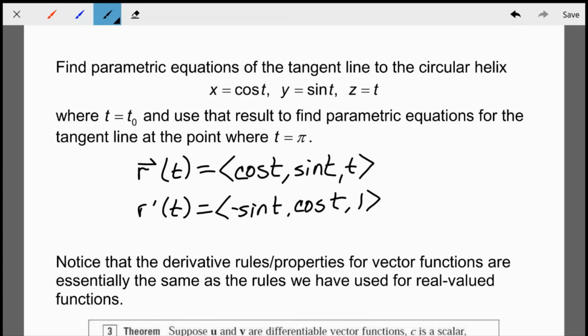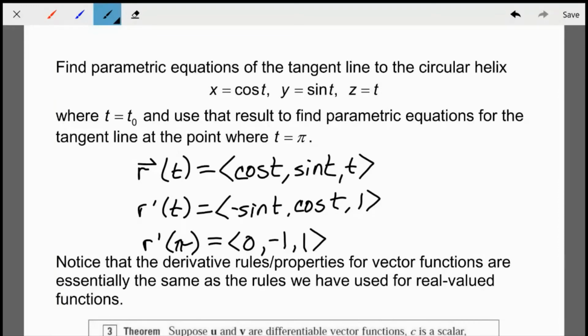And notice that we get a slope essentially in each direction. And I want to evaluate this at pi. Well, at pi, the sine of pi is just 0. Cosine of pi is negative 1. And then that third component is always 1. Okay, so then the other thing we would need there, if I want to find the actual equation for the tangent line, then I need to know the x, I need to know the y, and I need to know the z.